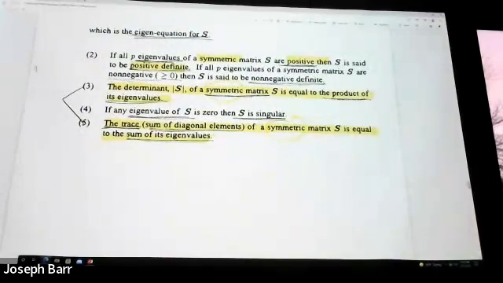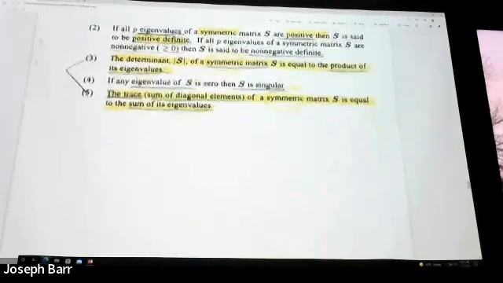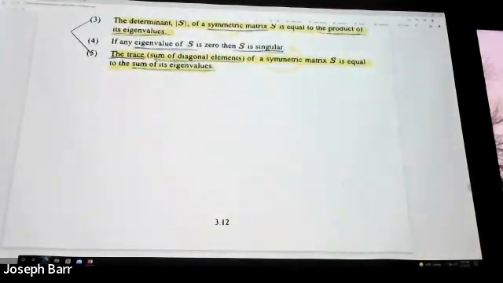Of course, if one eigenvalue is zero, then the determinant is zero. It's still non-negative, but the S matrix is singular because the product is zero. If one eigenvalue is zero, it's still singular because the determinant is zero. And actually, there's another function called trace.